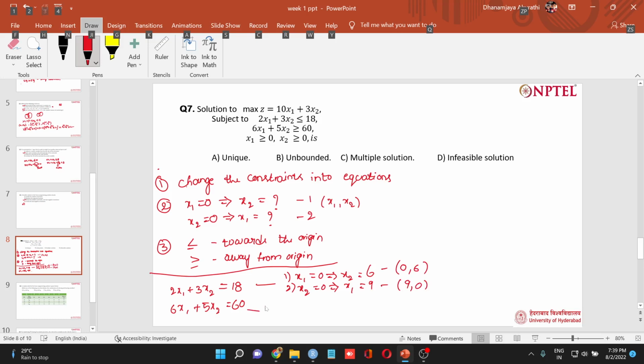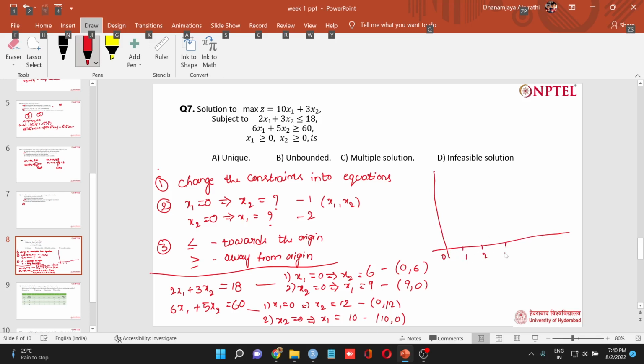From the second equation, first we assume x1 equal to 0, so x2 equal to 12. Then x2 equal to 0, so x1 equal to 10. So (0, 12) is one point and (10, 0) is the other. Now we plot these points in the quadrant.